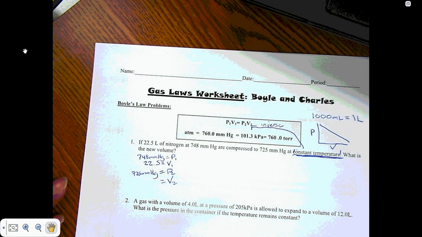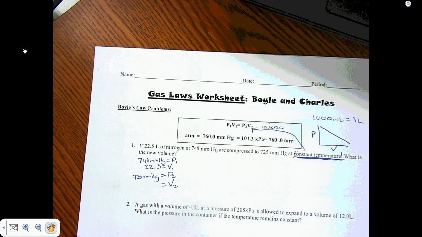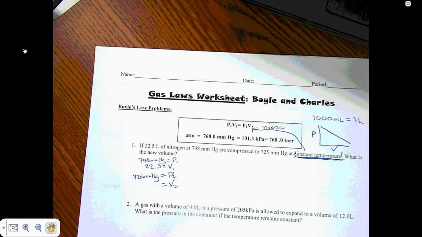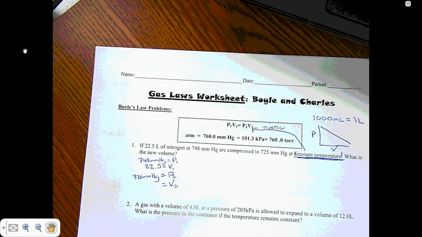Now, as I mentioned, when dealing with Boyle's law based questions, it doesn't matter if the units are in ATM, millimeters of mercury, or anything thereof. However, as a standard of preference, I tend to lean towards putting my units in ATMs. And to achieve that, especially going from millimeters of mercury to any unit, you just divide simply by 760, as 760 millimeters of mercury is equal to 1 ATM.